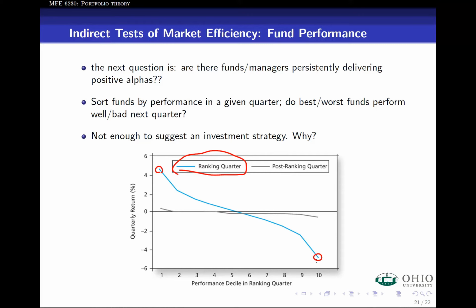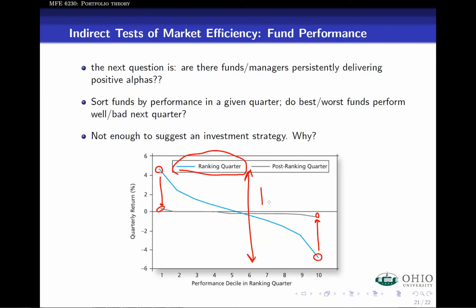What happens to the exact same funds next quarter? So this best fund is going to go down to barely a positive alpha. It's really, really tiny. And the poor performing one improves to a barely negative alpha. Okay? In essence, the difference between the alphas in the ranking quarter is huge, right?